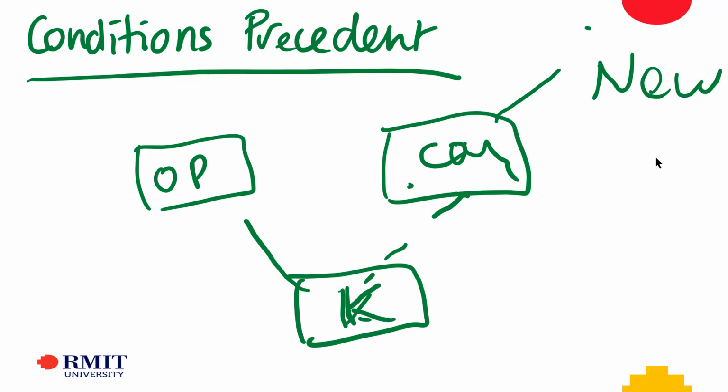Because the parties to the contract are the company and the other party. So why, in that situation, if I buy the company that is a party to the McDonald's franchise agreement, do I need the franchisor's consent?